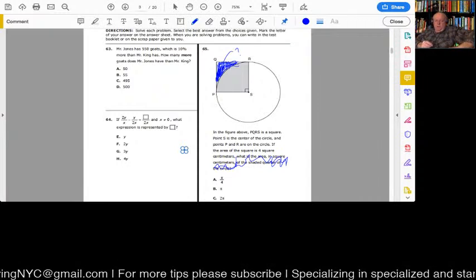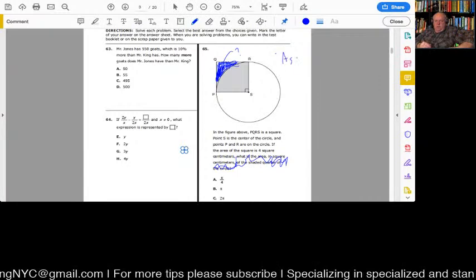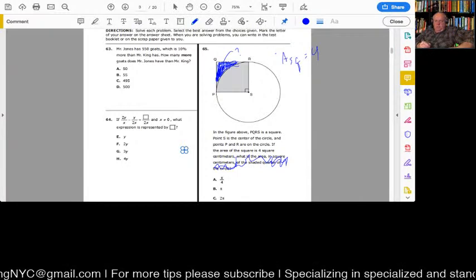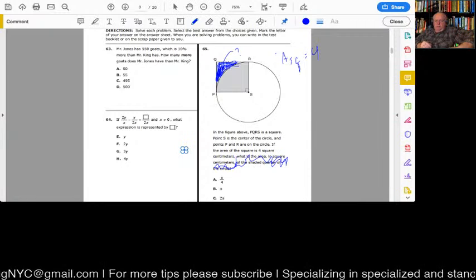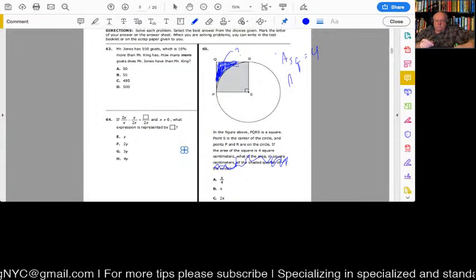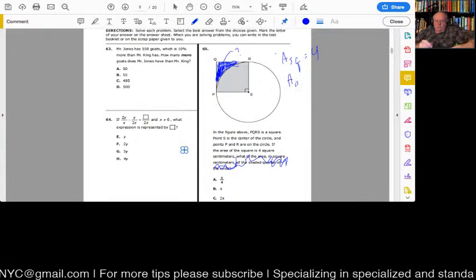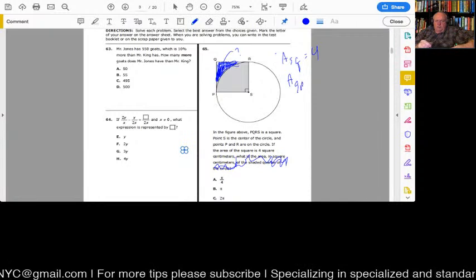Well, we already computed that the area of the square was 4, right? And the area of the 90-degree part was pi.